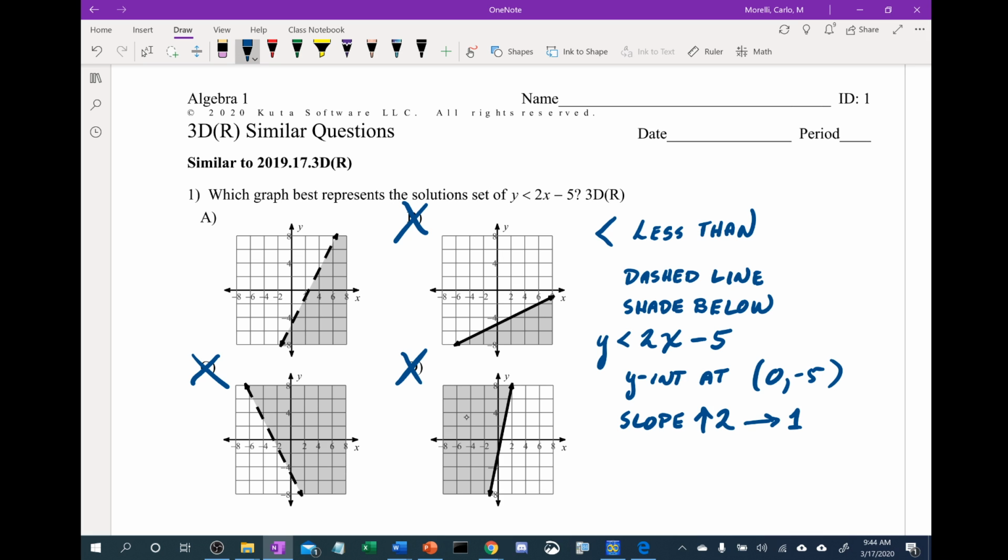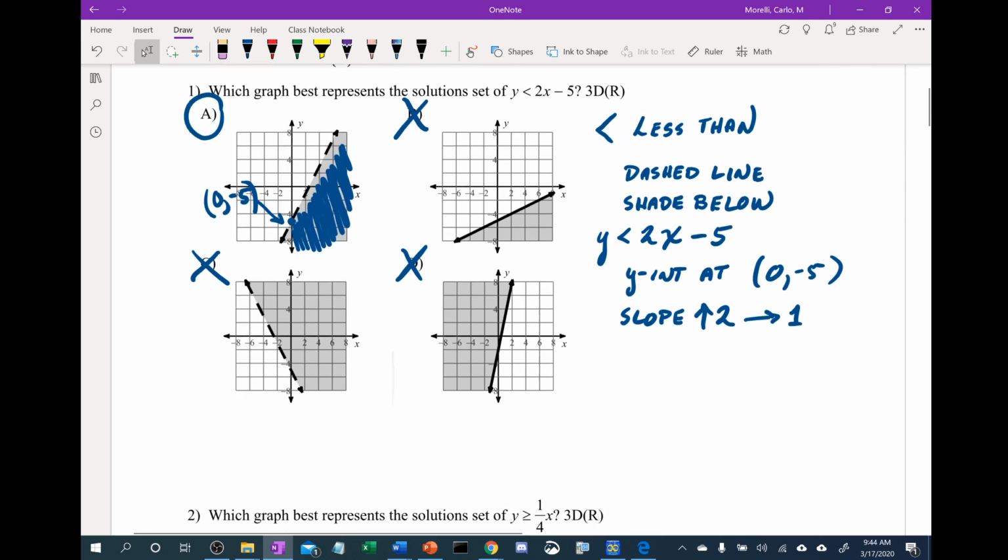Does this appear to have a y-intercept at negative 5? Well, here's the y-intercept, and that does appear indeed to be at 0, negative 5. So that checks out. It's a dashed line. Is it shaded below? Yes, indeed, it's shaded below. Okay, so that's what we want. And that's why the answer is indeed A.